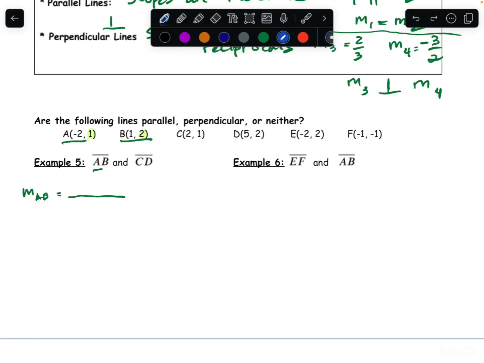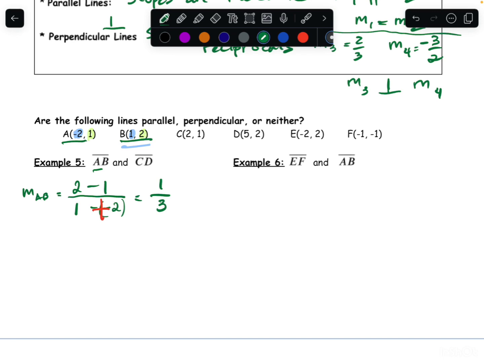I'll say 2 minus 1, right? And for my x's, remember I started with this point right here, so I'm going to say 1 minus a negative 2, okay? Remember, minus a negative becomes a plus. So now this is equal to 2 minus 1 is 1, and 1 plus 2 is 3.